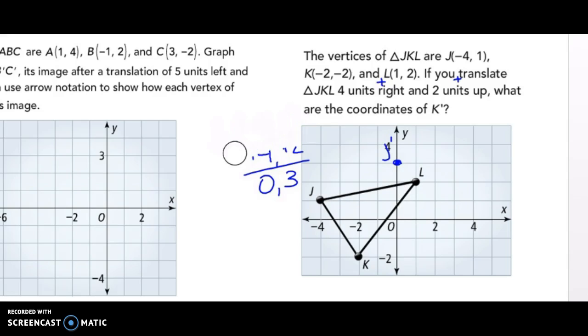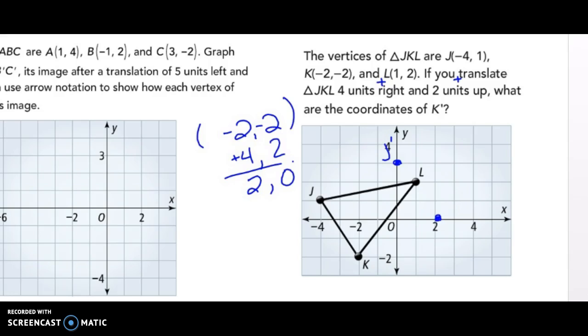K prime is going to be, let's go ahead and put in K, and then K prime we're going to have 4 units to the right and 2 units up. So this is 0 and this is 2. So that is going to be K prime. So I'm going to go ahead and label that one.